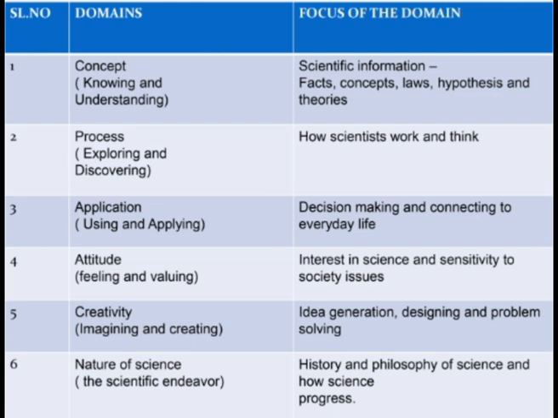Process focuses on how scientists work and think. Next is application, which is decision making and connecting to everyday life. Next comes the attitude. It is the interest in science and sensitivity to society issues. Then creativity, which includes idea generation, designing and problem solving. Lastly, the nature of science, which is the history and philosophy of science and how science progresses.